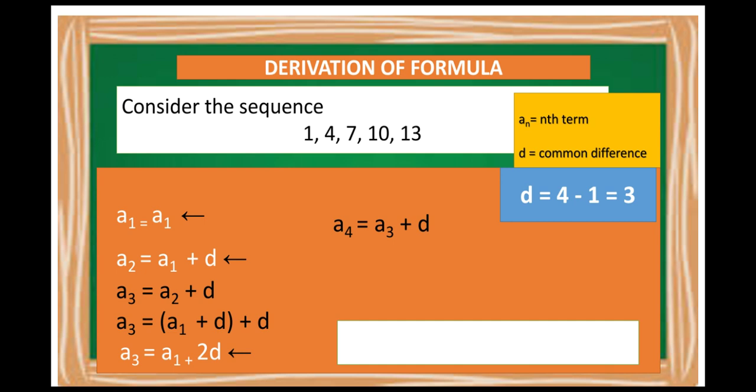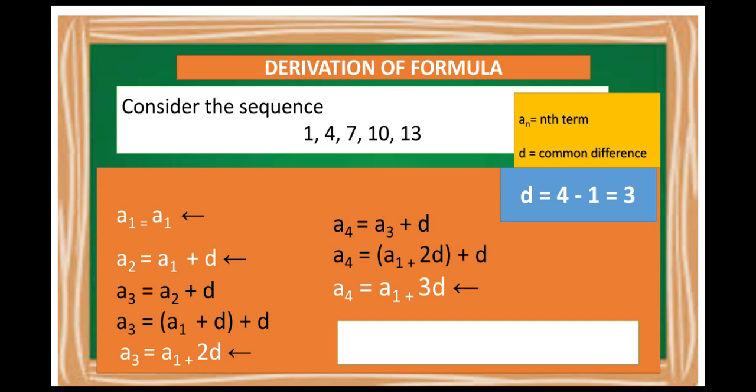And we know that a sub 3 is equal to a sub 1 plus 2d, so we can substitute that in. Alright, so adding the d's, we have a sub 4 is equal to a sub 1 plus 3d.